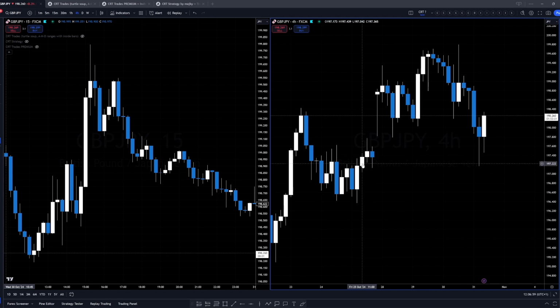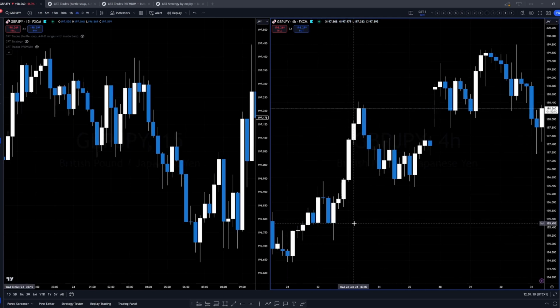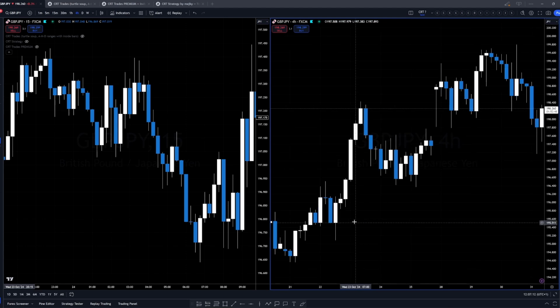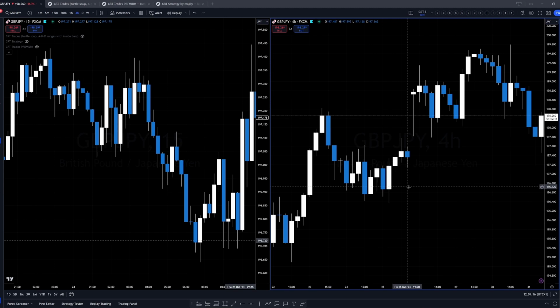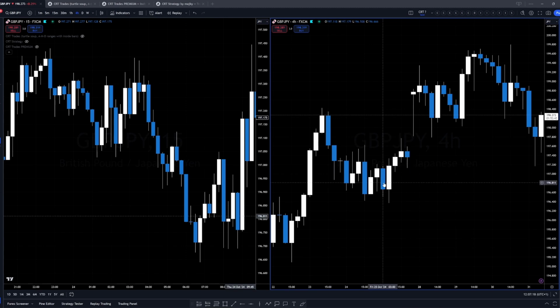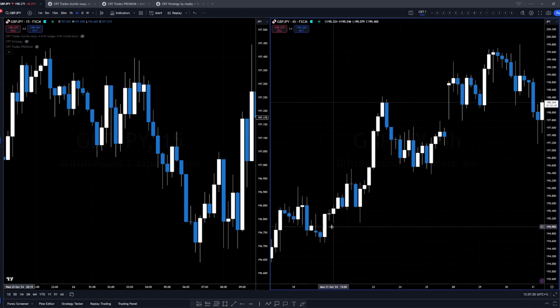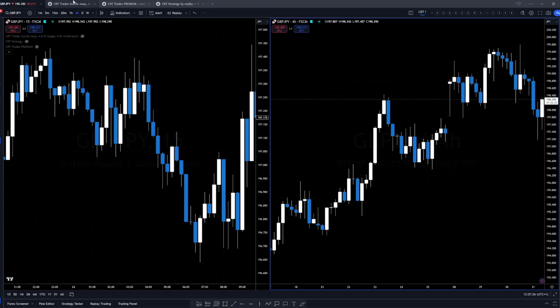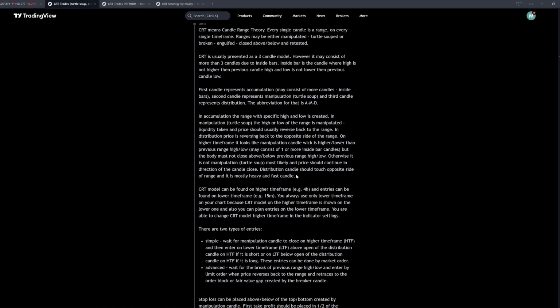And then this candle is distribution, the third candle where you want to take profits. This is not the best example, but yeah, because you usually want to take profit at the high of this accumulation candle, but yeah. It's sufficient for the explanation.